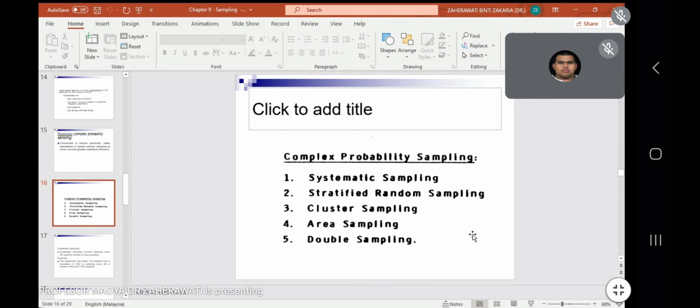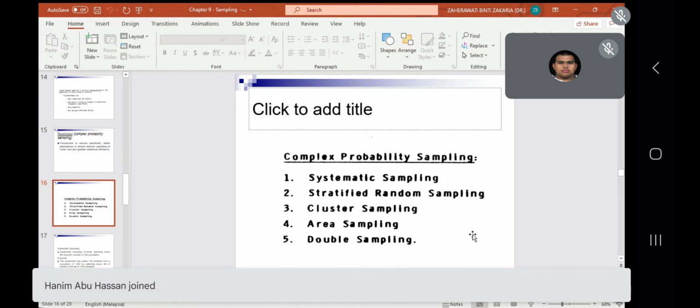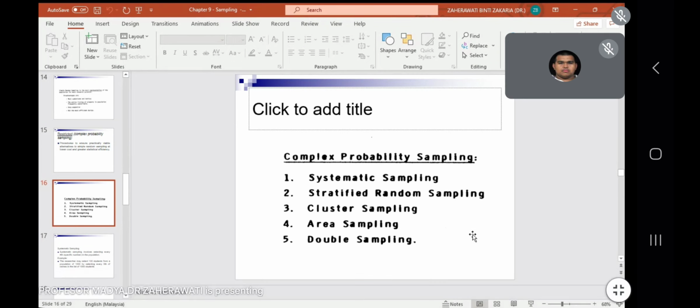Or maybe the respondents among the households, ketua isi rumah, and you still want to collect the data in Sungai Petani, but in some housing areas, some townships, let's say Bandar Puteri and Bandar Laguna. You want to know the consumer behaviors or the factors contributing to customer loyalty, and you don't want to collect data at a mall.